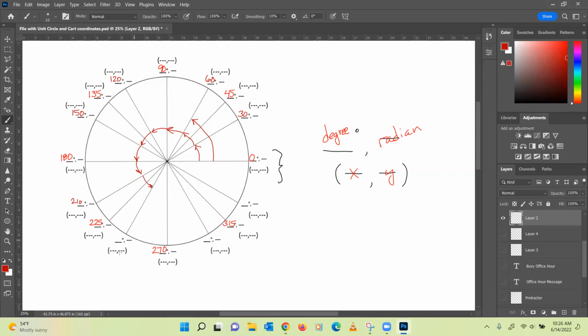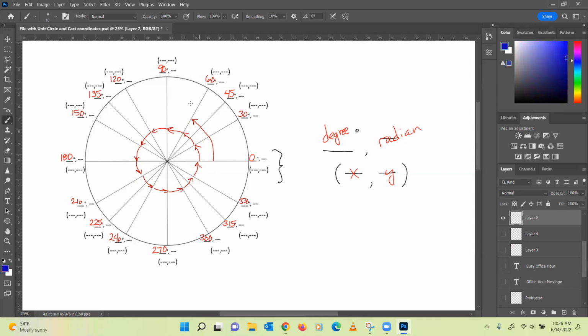Another 30 takes us to 240. Another 30 to 270. Another one to 300. Another one to 330. And our final one takes us back up to 360. So we used those 30-degree measures to populate all of the other angles in degrees.